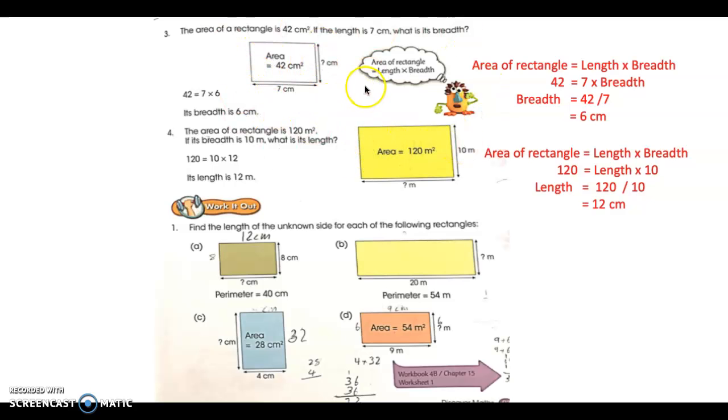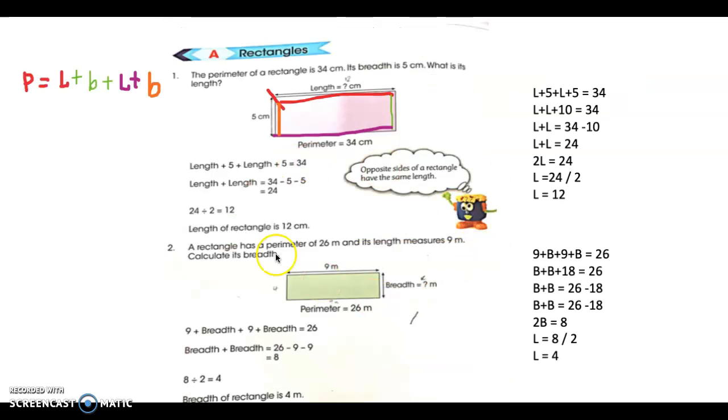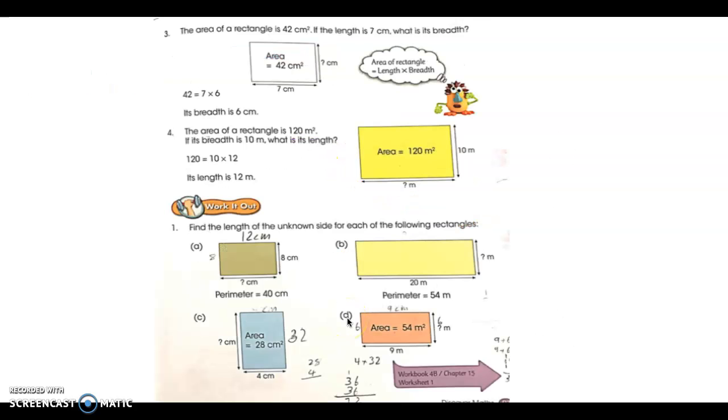Here we found when the area given, we found the not given side, the unknown side. But before, here we found out the unknown side, that not given side when the perimeter is given. That's what I said.